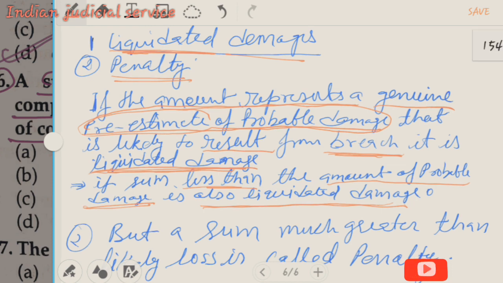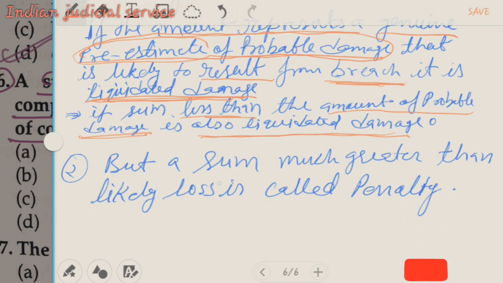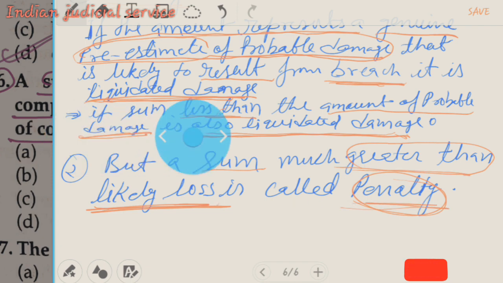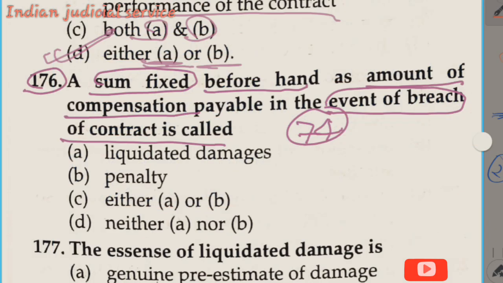Now we discuss the penalty. A sum which is greater than the likely loss is called a penalty. So this is the basic difference between penalty and liquidated damage. Where the amount represents the genuine pre-estimated probable damage that is likely to result from breach, it is liquidated damage, and where the sum is less than the amount of probable damage, it is also liquidated damage, but a sum much greater than the likely loss is called a penalty, and these things are provided in section 74.